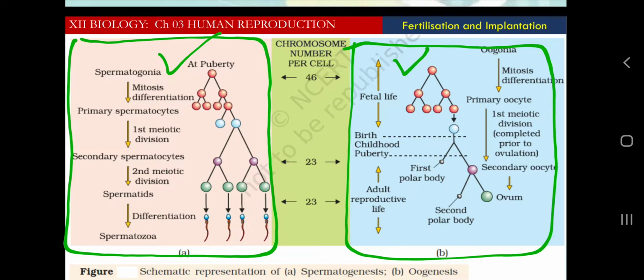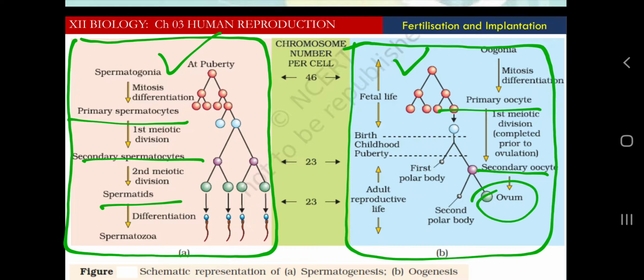Spermatogonia, oogonia, primary spermatocytes, primary oocyte, then meiosis 1 and meiosis 2, then we have secondary spermatocytes, secondary oocyte after meiosis 1, spermatids, ootids after meiosis II, then the ootid will transform into ovum, and the spermatid transforms into spermatozoa.